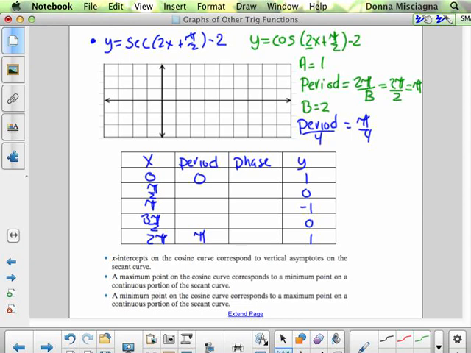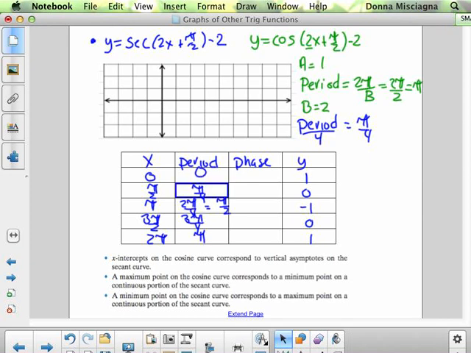It's going to finish it in pi. So we have 0, pi fourths, then 2 pi fourths, which is the same as pi halves, and then 3 pi fourths. You see all of these values are half as much as the original period for cosine.